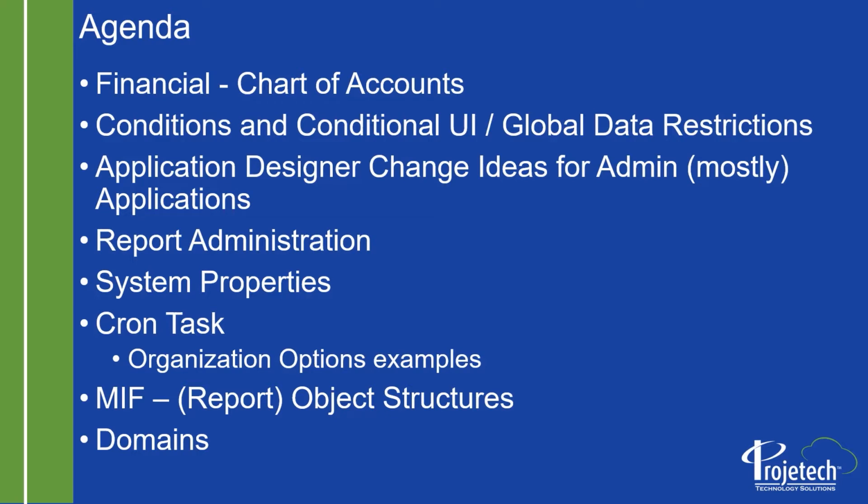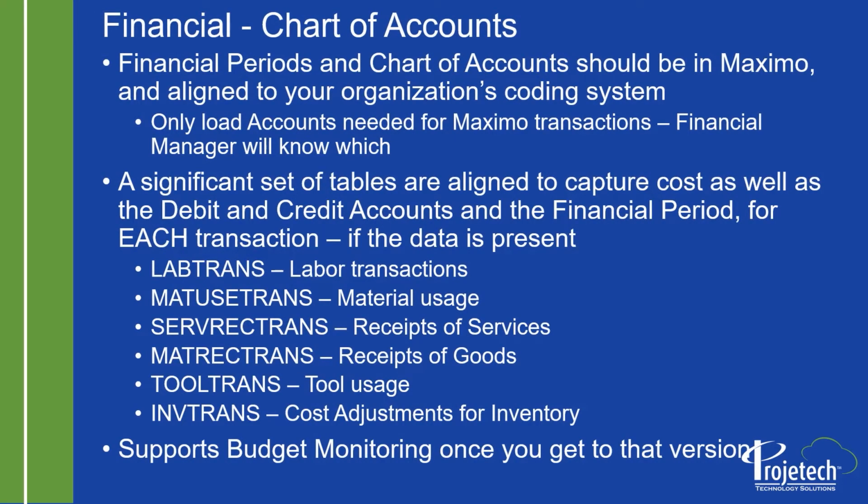Alrighty, so let's get started with financials. Okay, chart of accounts. Maximo has the capability to capture your costs for labor, materials, tools, and services, and the significant tables for these transactions carry the GL debit credit accounts as well as the financial period fields, and these are populated if used.